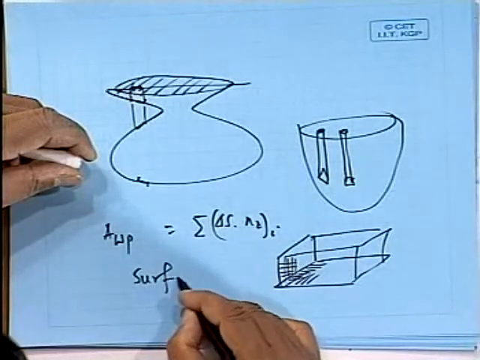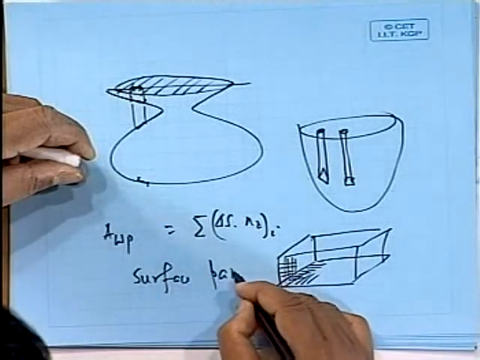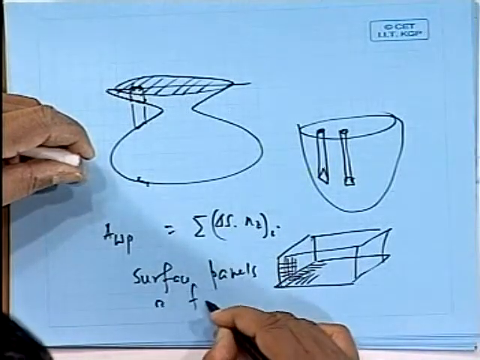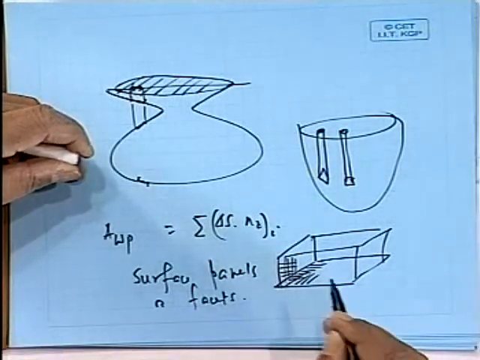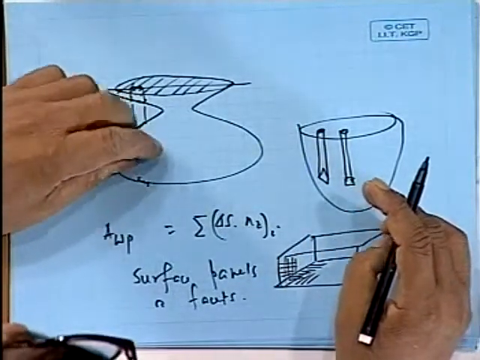There are many programs which actually make this surface into panels, you may call them, or facets, whatever. Many programs are available, because that way you are actually doing a CAD simulation of a surface. You are defining the surface by means of small pieces. This is normally done by software.